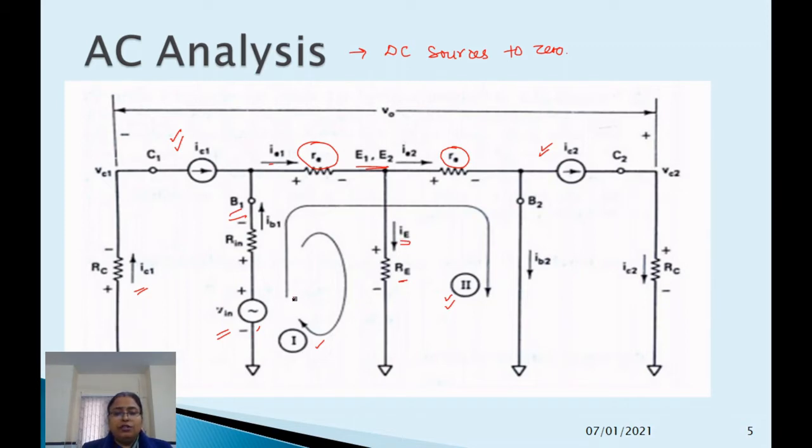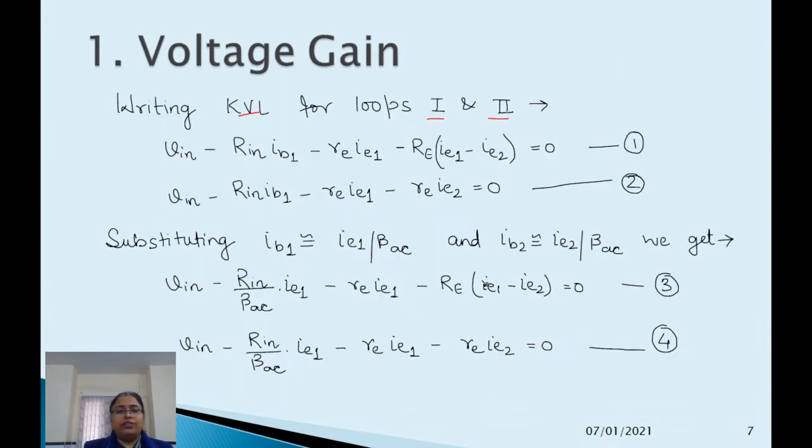Similarly for loop 2, starting from Vin minus Rin into IB1, coming on to this RE, minus RE into IE1 minus RE into IE2 equal to 0. Clear? So this is what we have written as the two equations, this is the first equation and this is the second equation.